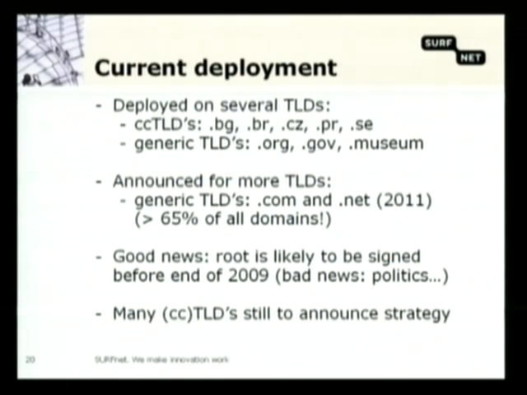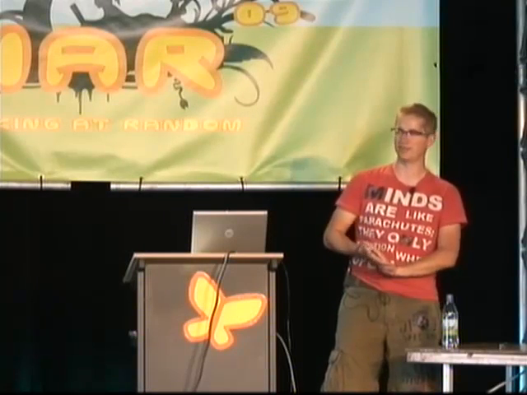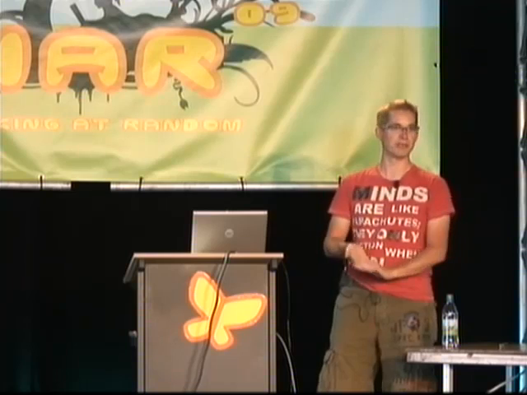And that's been quite a strong commitment, so I'm hoping that they won't crawl back and say, well, it's turned out to be really hard and we're not going to do it. The bad news is that there's a lot of politics involved there. Many people are either opposed to the root being under control of the US government or VeriSign doing the operational work on that. But I'm hoping actually that this will take place.